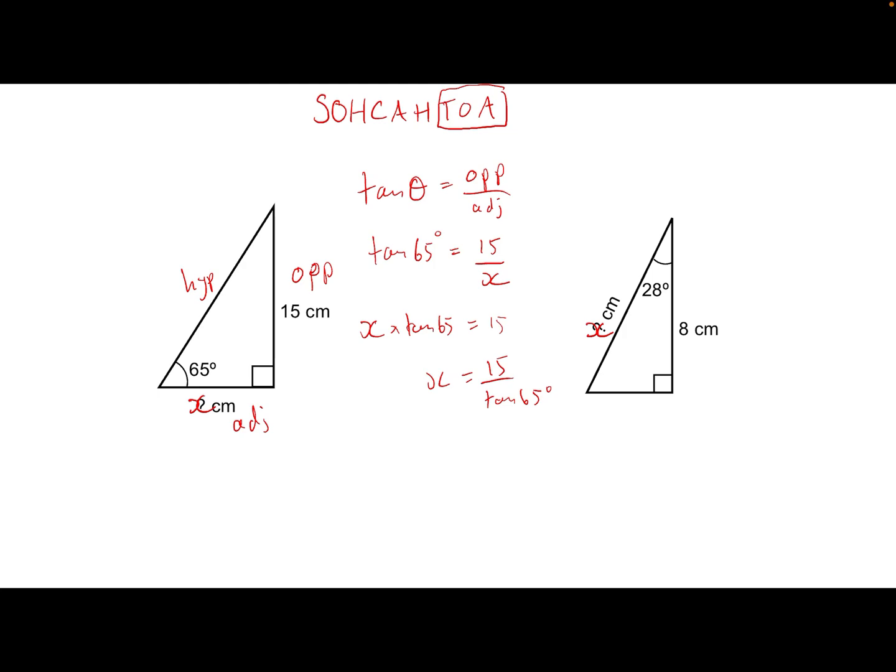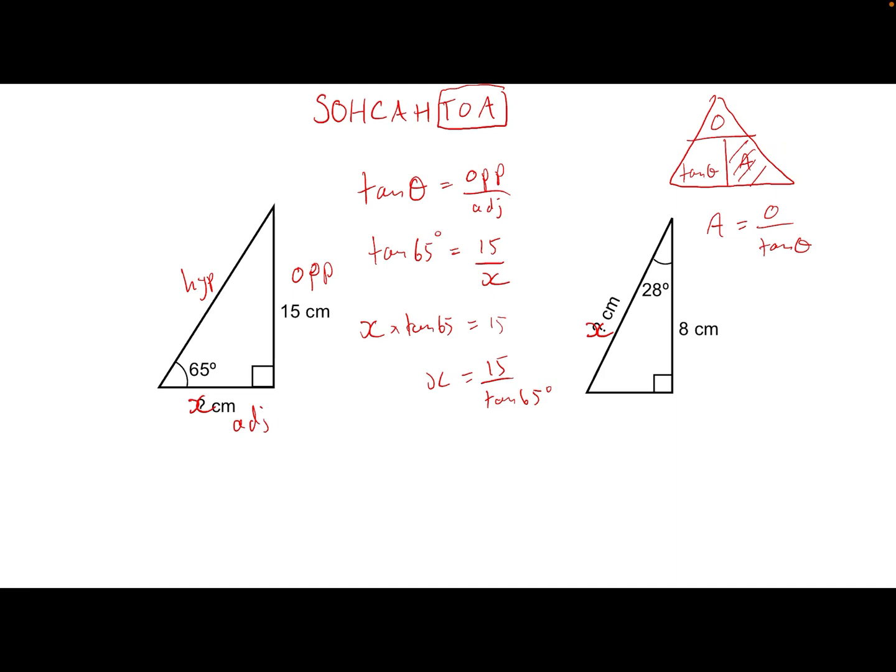However, if you're not sure about that, then use those triangles. Tan theta equals your opposite over your adjacent. What we want to know is the adjacent. So the adjacent equals the opposite over tan theta. So you can use those triangles instead if you prefer.